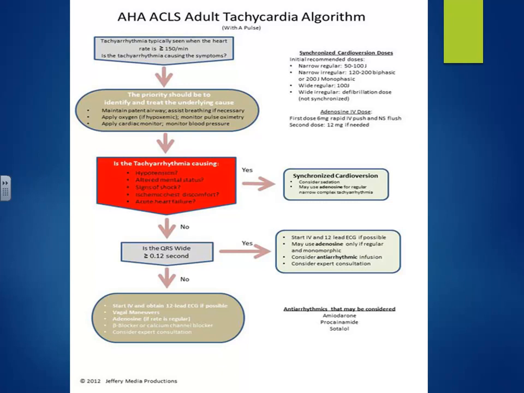No. Is the QRS wide and greater than 0.12? No. Start IV. Obtain 12 lead. Vagal maneuvers. Adenosine, if it's a regular rate. Remember, where they may throw in a beta blocker or calcium channel blocker, you've got to get somebody that knows what they're doing.